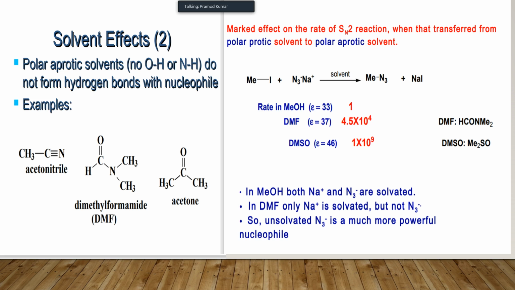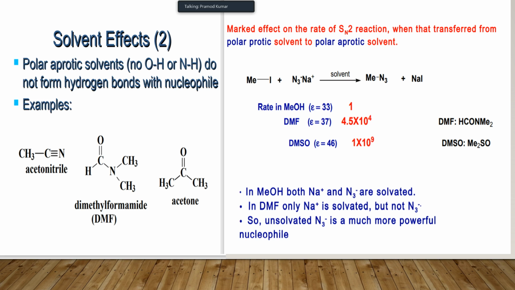Instead, use a polar aprotic solvent, which does not contain OH or NH2 groups and does not form hydrogen bonds with the nucleophiles. They only solvate the substrate and nucleophile. Examples of such solvents are acetonitrile, DMF, and acetone.